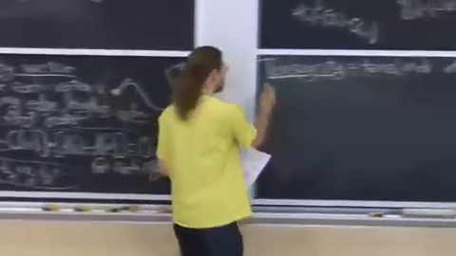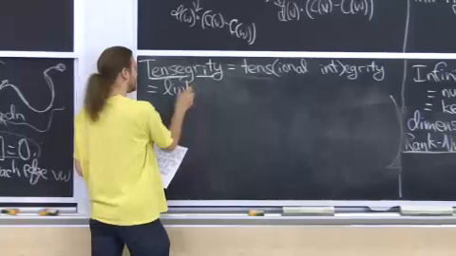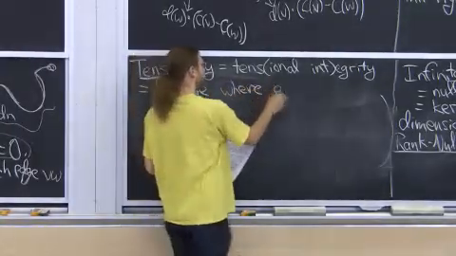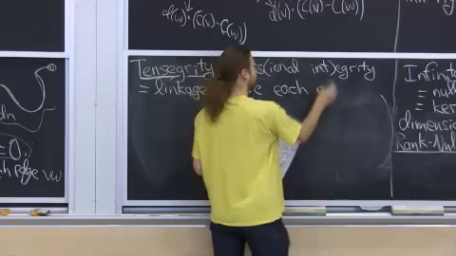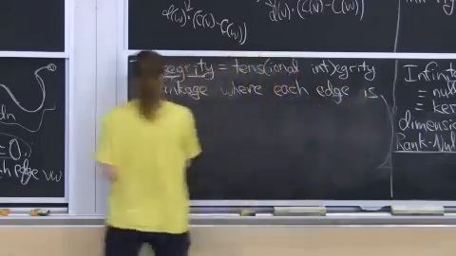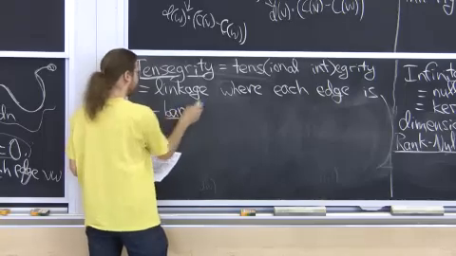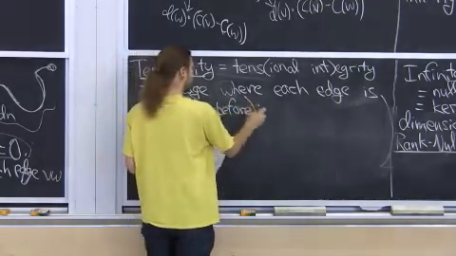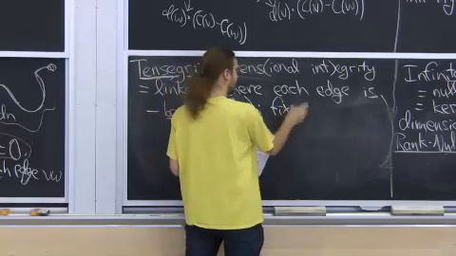This is a tensegrity. It's a generalization of a linkage, where we allow three kinds of edges. It can be a bar, and this is the old case, which is that the length is fixed.